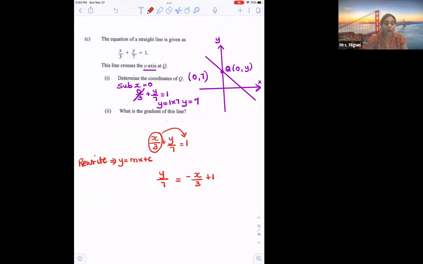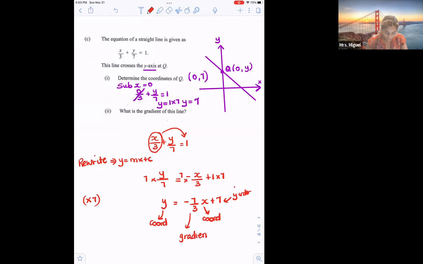I do not want y/7, but I want y alone, so I need to multiply by 7 on both sides. So y is equal to -7/3 x plus 7. This is my y-intercept, and this is my gradient. The question asks for the gradient. The gradient m is equal to -7/3.